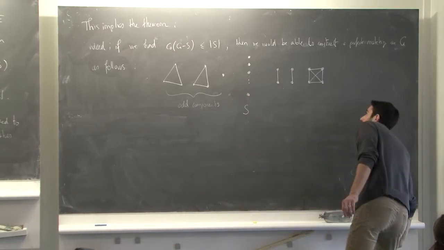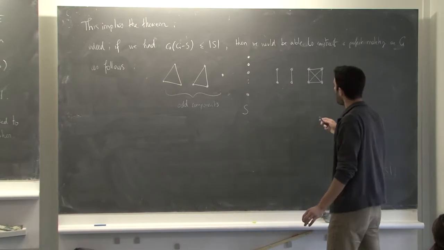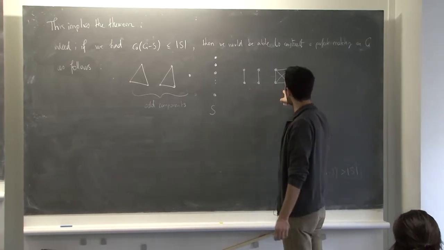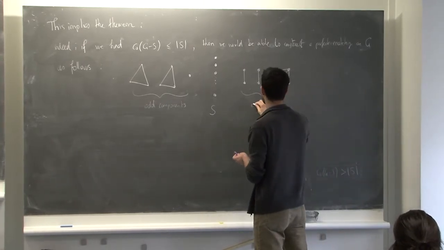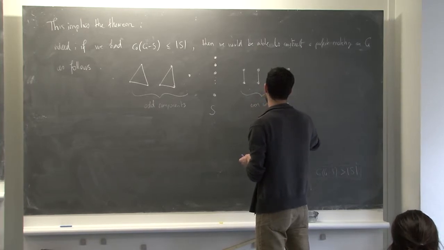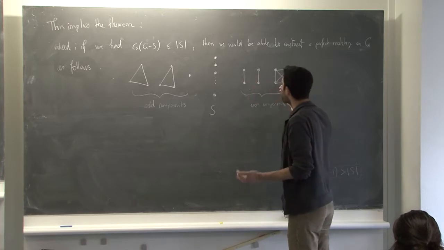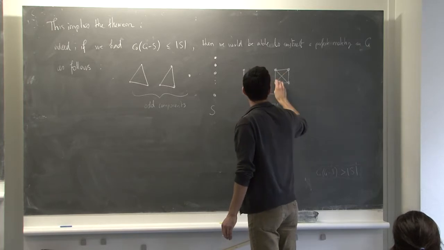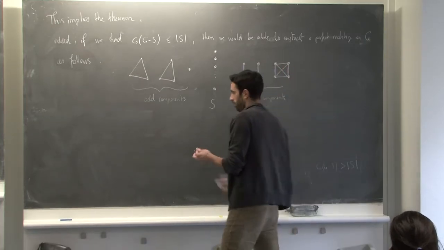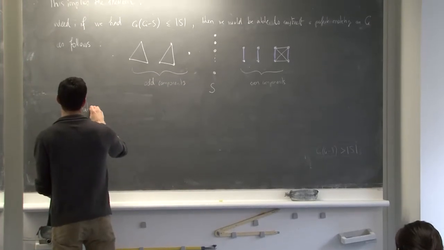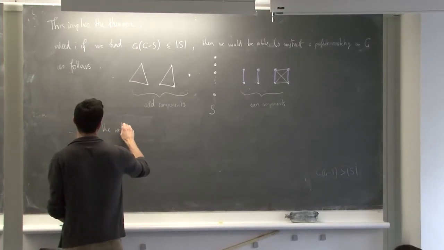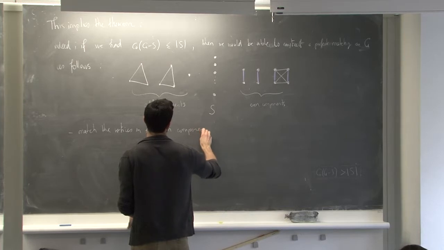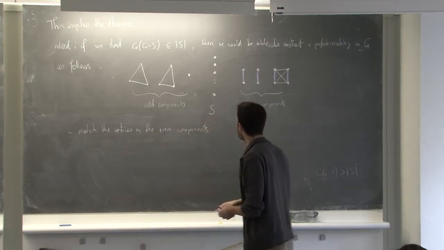I'll first make a drawing and then write a couple of lines. Well, this is quite obvious, right? So what do we do? First, on the even components, we just match them in any way, okay? So first, match the vertices in the even components, as you wish.